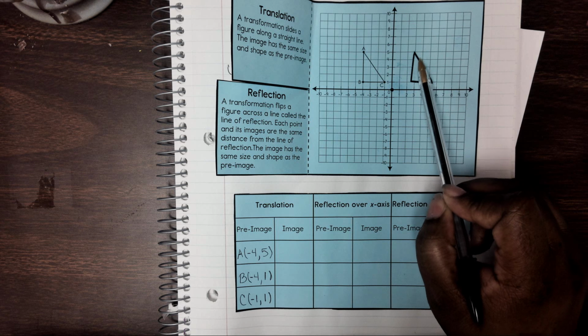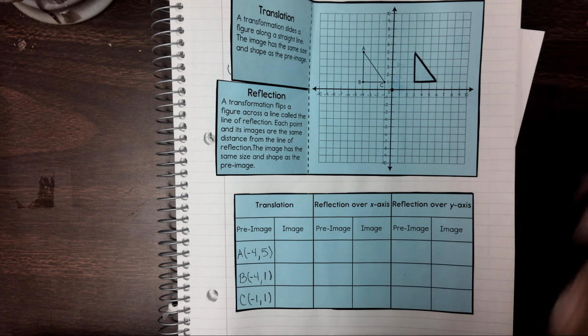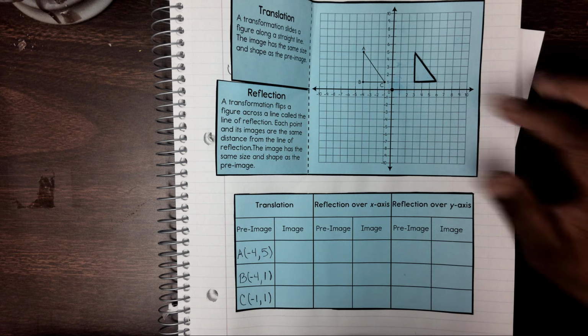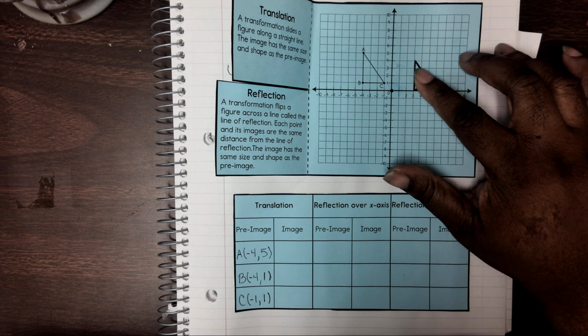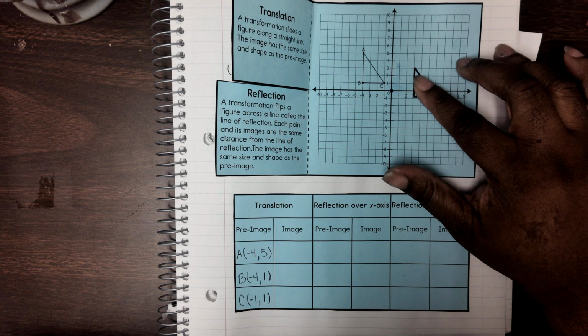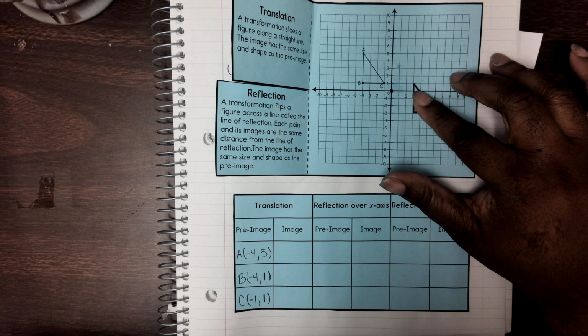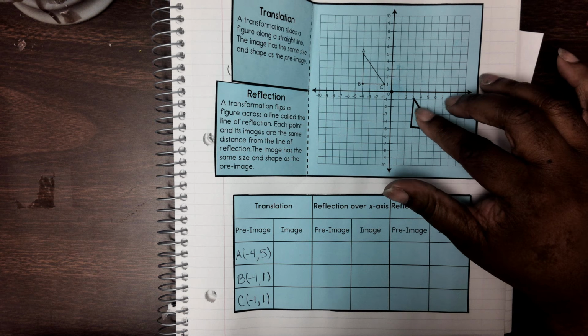Now we are not finished. We still have to translate our triangle down 6 units. So again, we're going to move it down. We're going to slide it down 6 units. 1, 2, 3, 4, 5, and 6.